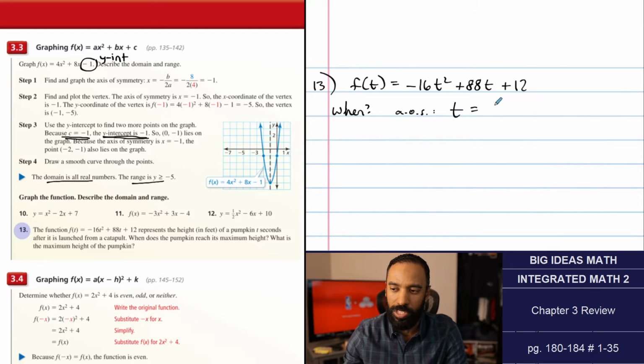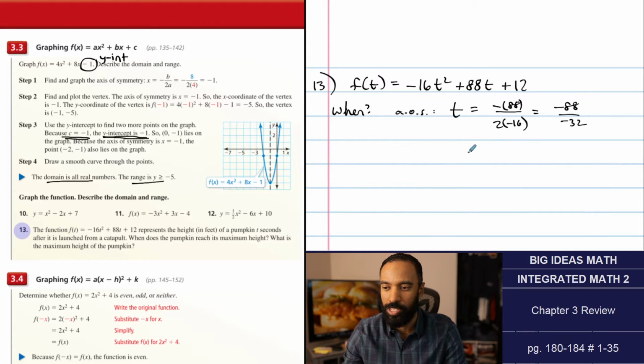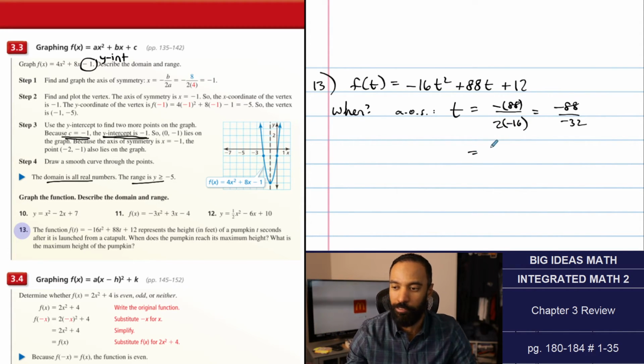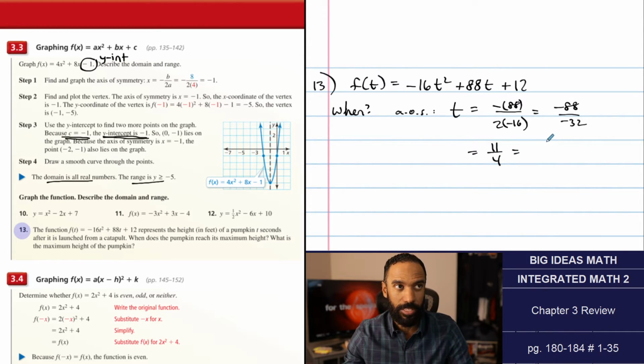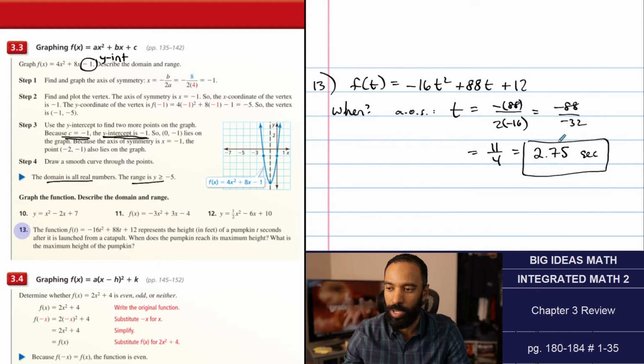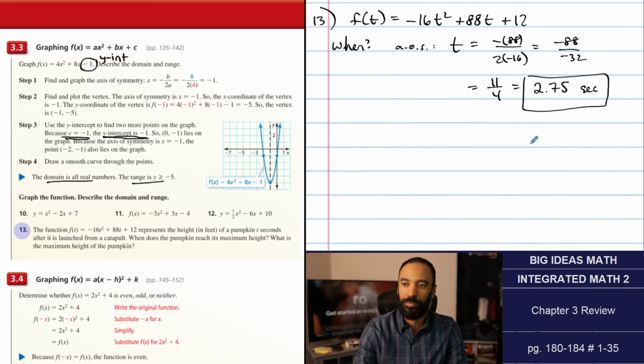So t is negative b over 2a, which is negative 88 over negative 32, which is positive, well, you can divide them by 8 and you get 11/4, which is exactly 2.75, and I assume this is seconds. Pumpkin launched from a catapult, 2.75 seconds into it, that's what we get.